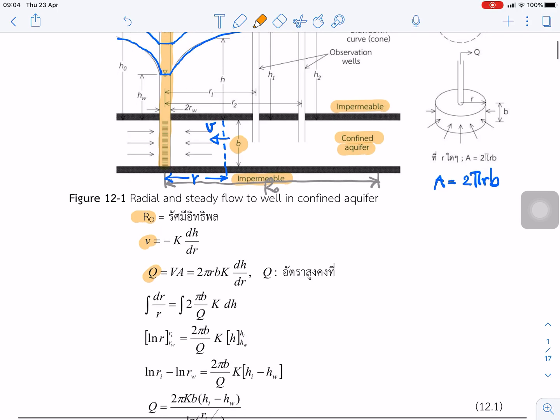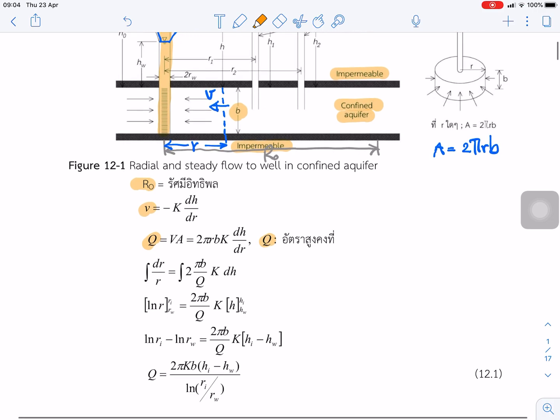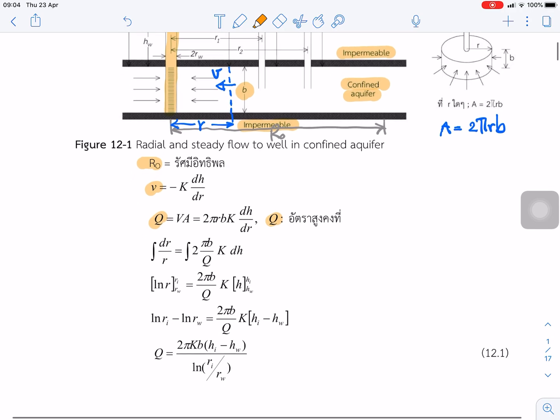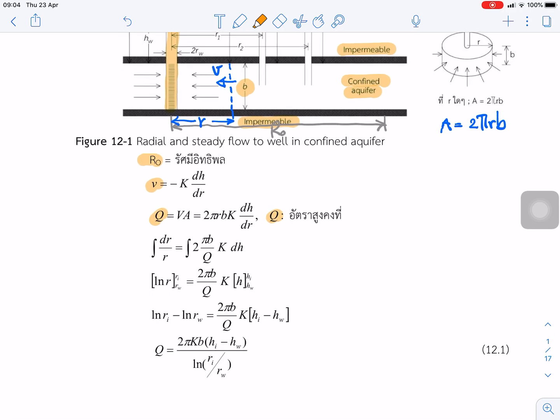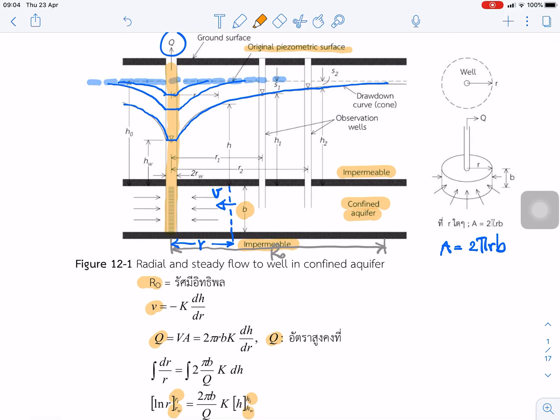Because Q is a constant pumping rate, we can rearrange the equation and integrate to get the equation of Q. So we integrate from rw to ri, or hw to hi, where hw is the hydraulic head at the pumping well and hi is the head at the influence radius.